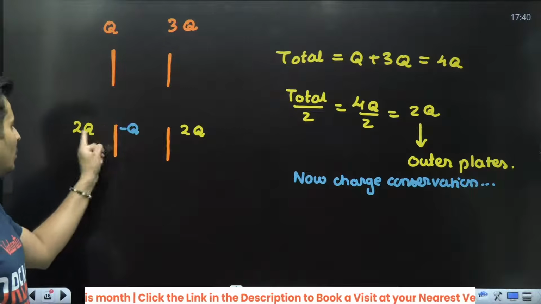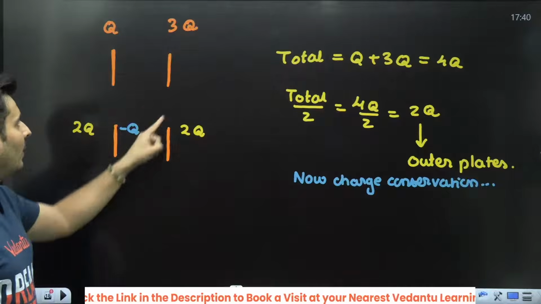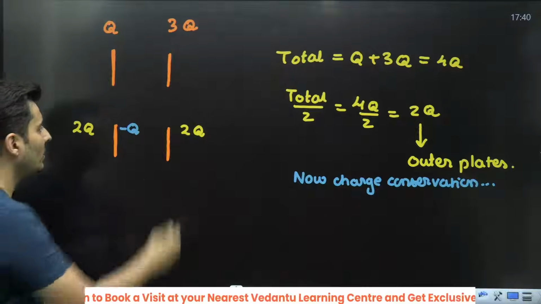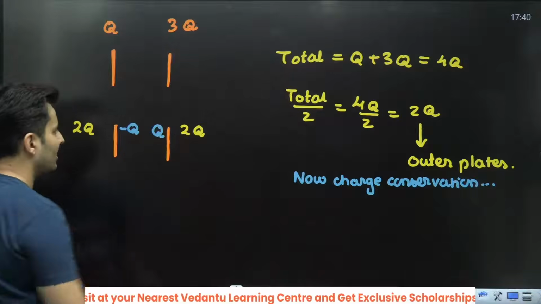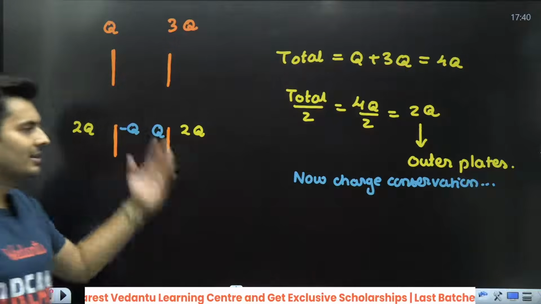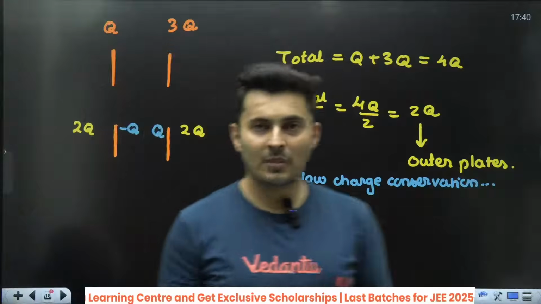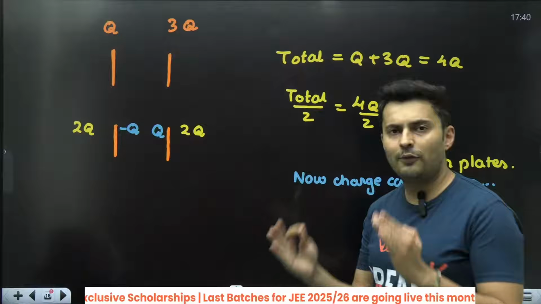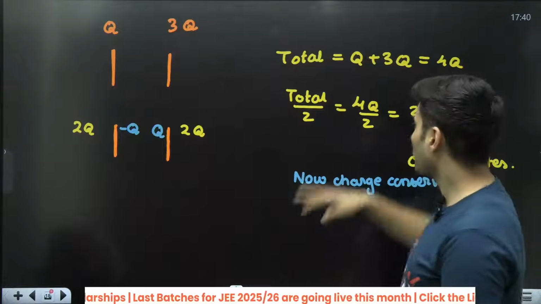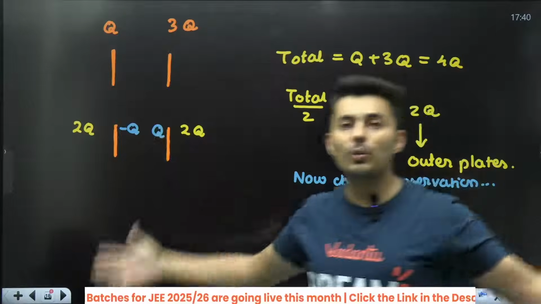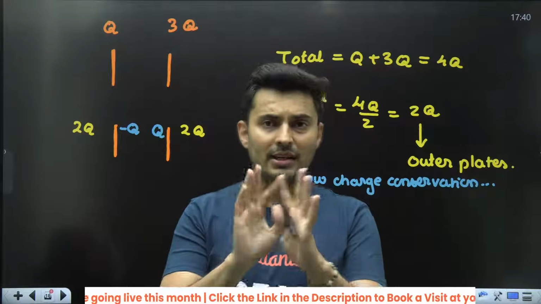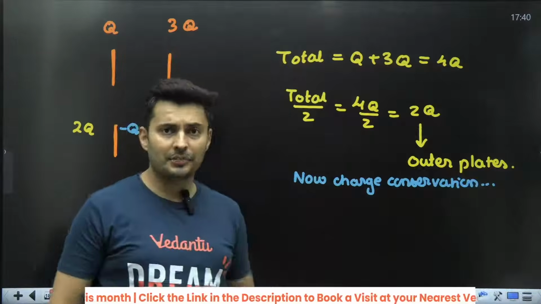Does that make sense? 2Q minus Q is Q. Now over here, if there is 3Q charge, 2Q plus Q will give you 3Q, so this side will have a Q charge. That's it. So this is the charge distribution on the plates: 2Q, minus Q, Q and 2Q. That's the logic for finding the charge distribution. The outermost sides get equally distributed and the inner sides automatically adjust to compensate for charge conservation.